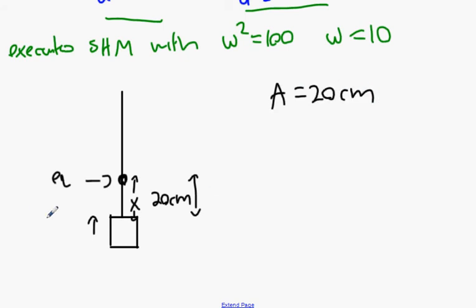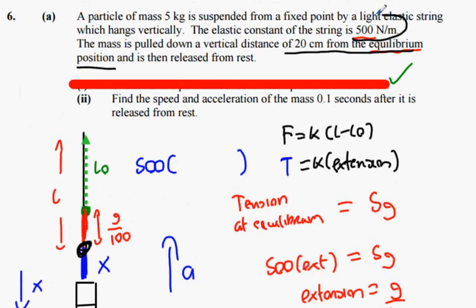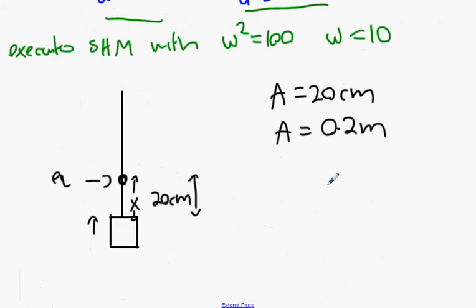Now, somebody rightly said 0.2. How did I know I had to put it into 0.2? It's SI units, and it also specifies newtons per meter here. So there's a conflict in units between meters and centimeters, so I had to resolve that. Now, A equals 0.2 meters.